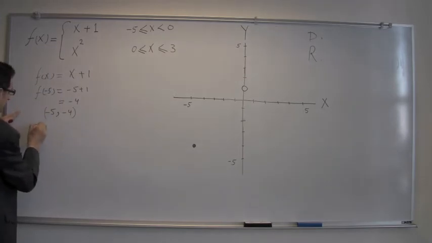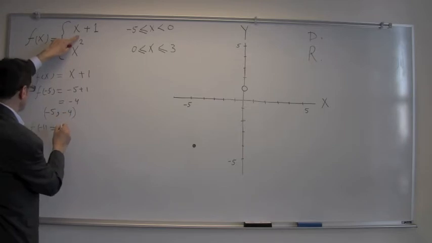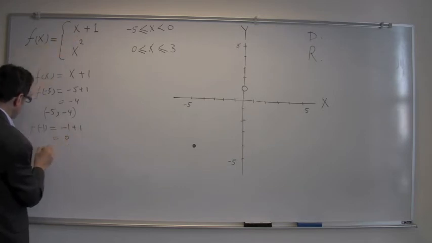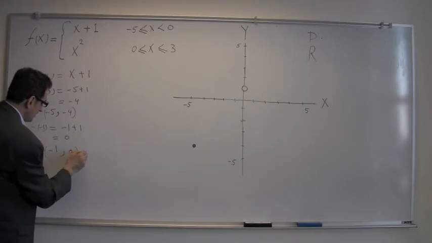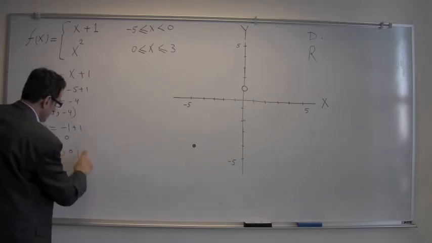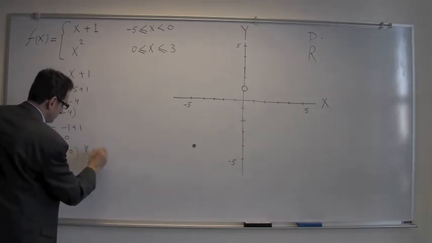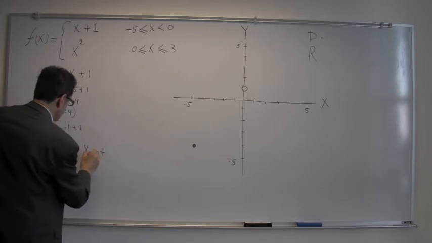So f of -1 equals, we're still using the first equation, -1 plus 1, which is equal to 0. So that means while x is equal to -1, I get 0. This point is basically my x-intercept.